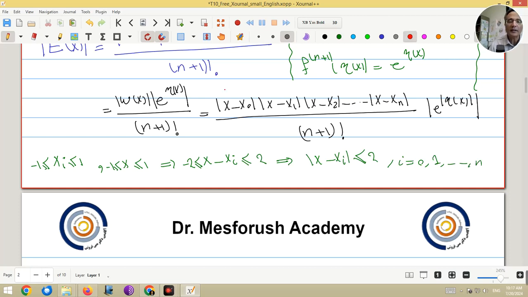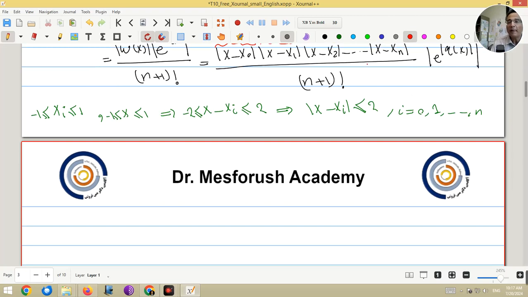So each of these factors is less than or equal to 2, and it continues until the last one.